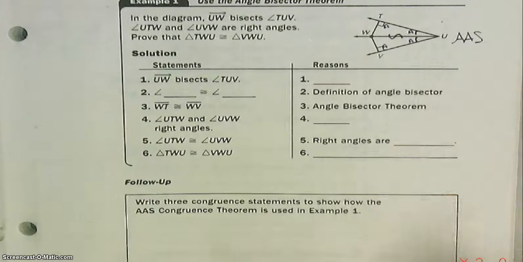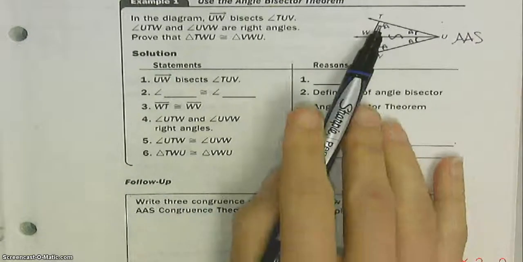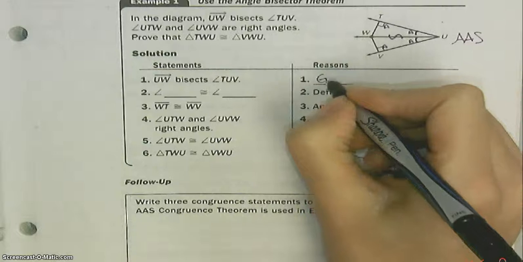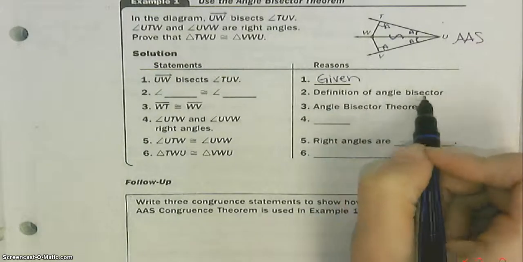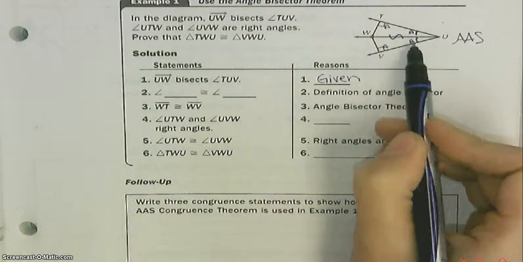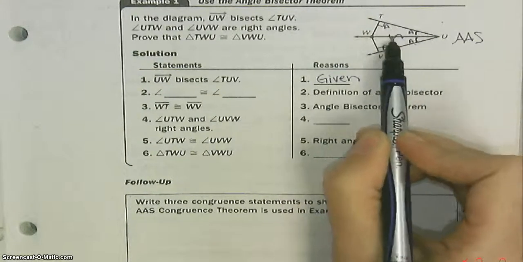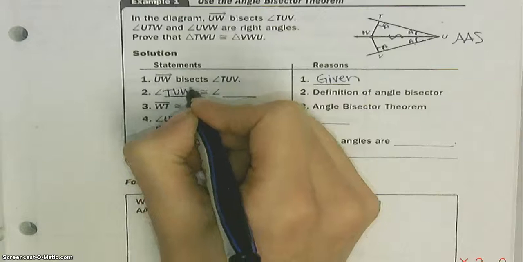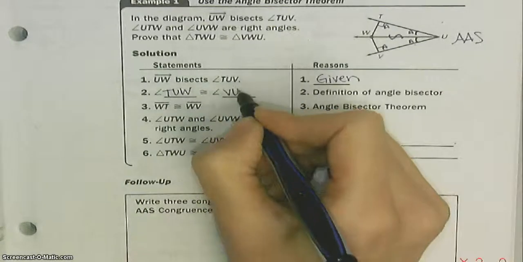Now we just need to fill in. Every time we talk about an A, we need to write it in here. Same thing with the S and the A. So this was our given. It wants us to use the angle bisector. Well, because of the angle bisector, we got these two angles. Angle TUW, that's this angle. And the other half was this angle, VUW.